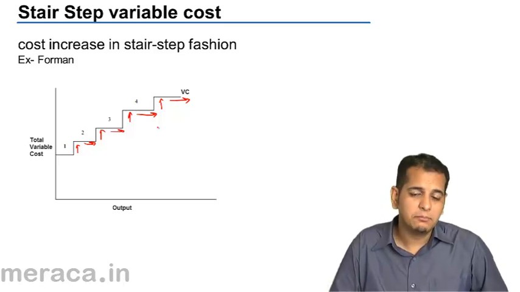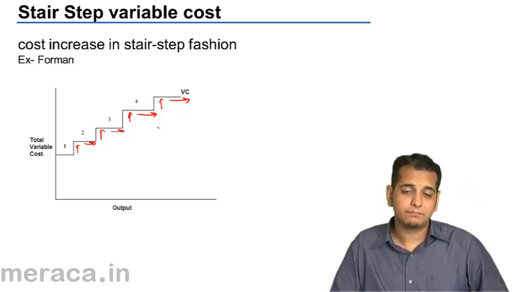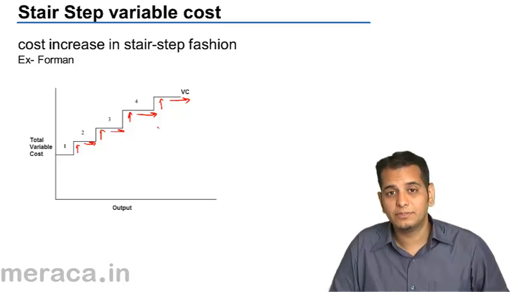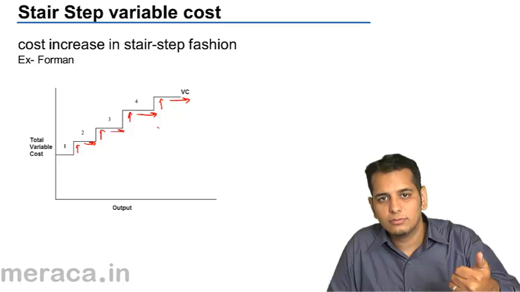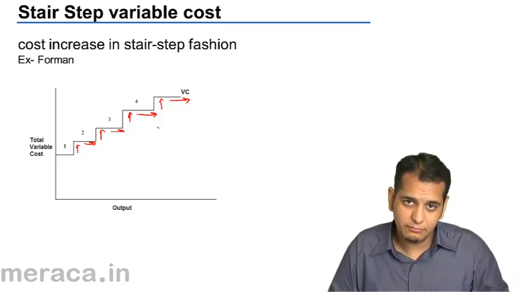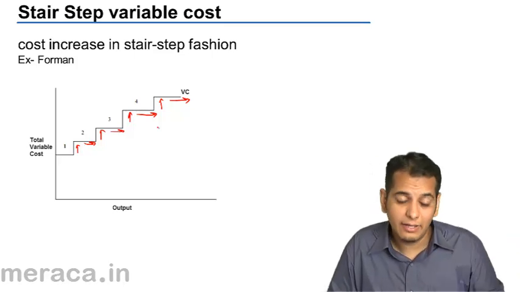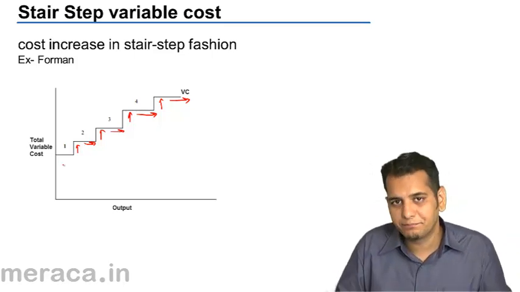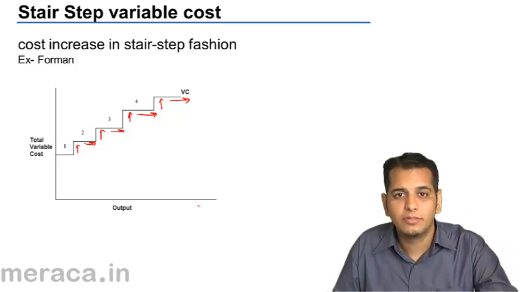Let's say you buy a machinery on which 5 people can work at the same time. Now what happens is, if you employ one laborer, the cost remains the same. If you employ two laborers, the cost again remains fixed, it remains same. If you employ three laborers, the cost again remains the same.